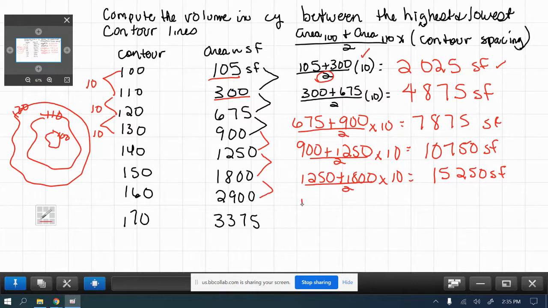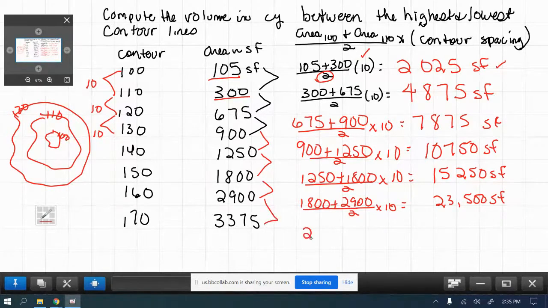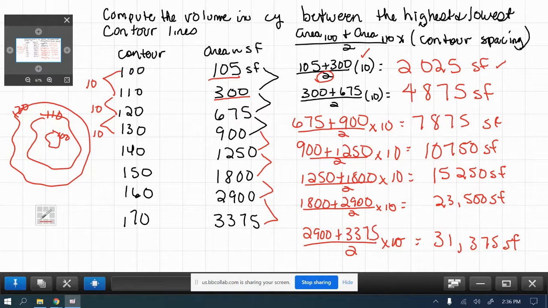And last one. So there are all of my areas.